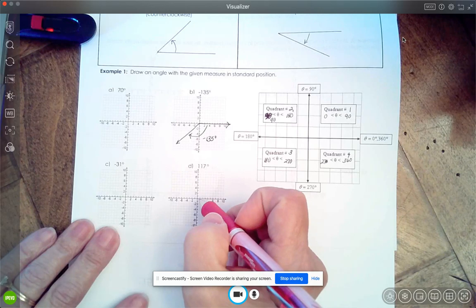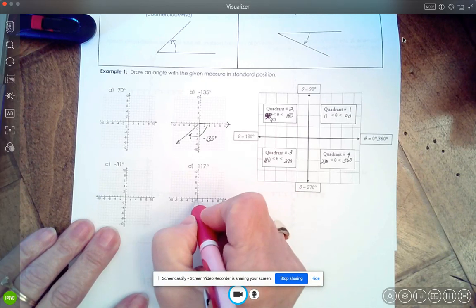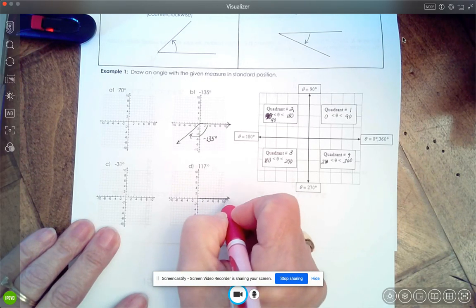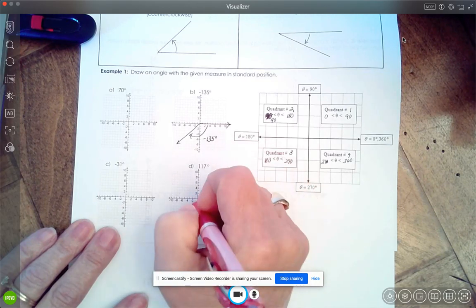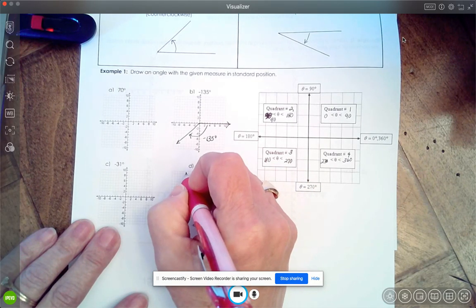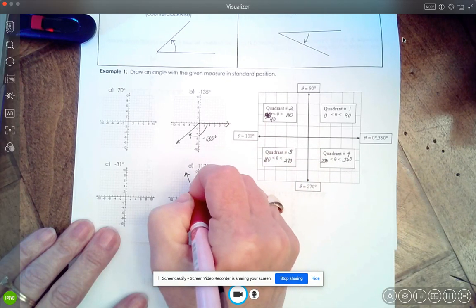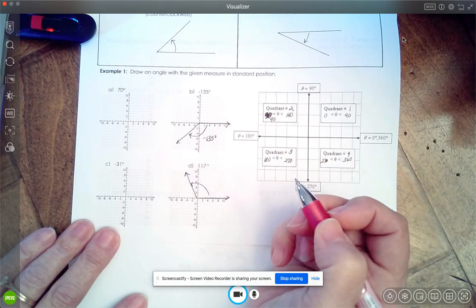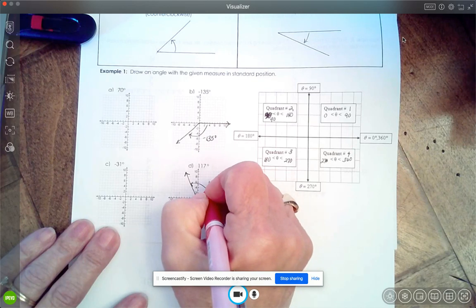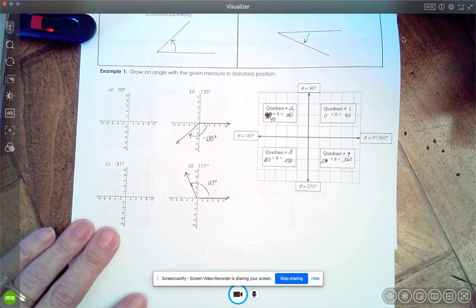Here is a positive 117 degrees. Here's my initial side. Here is 90 degrees, so 117 degrees, and I don't have a protractor, but it's somewhere around here, and I would make it like this to know which way it's going.